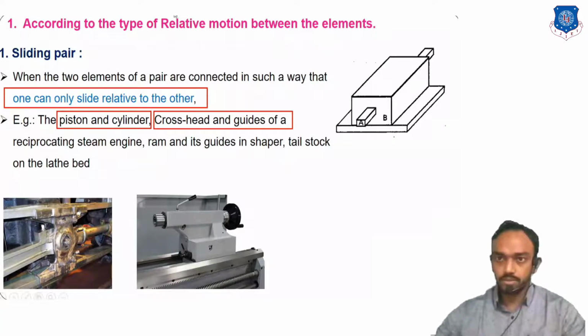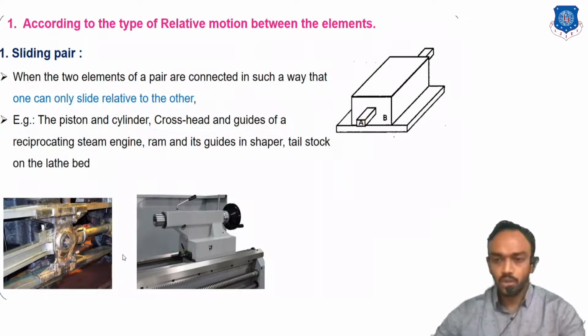In all examples one element is moving with respect to the other. The tail stroke can slide along the guide, and the crosshead also slides when the reciprocation of the piston happens. So these are examples of a sliding pair.